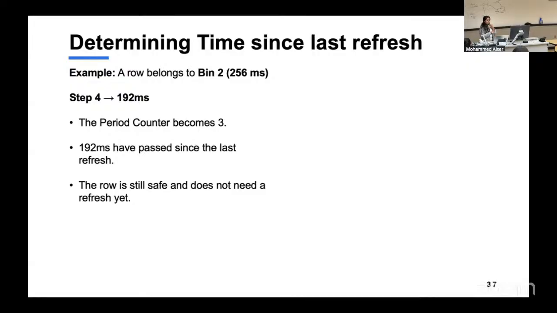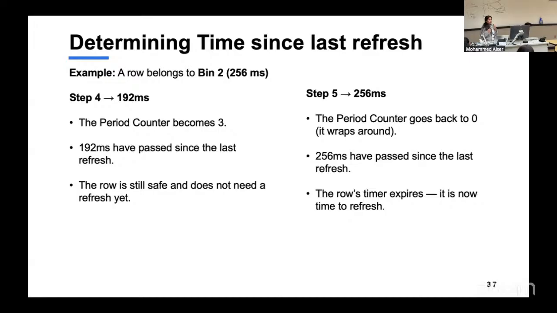Since it has reached one full round, it is taken as 192 as last refresh, and the row will still be safe and does not refresh yet. And this is how it keeps on checking the time for refresh. So this is how the retention time will be calculated since the last refresh.